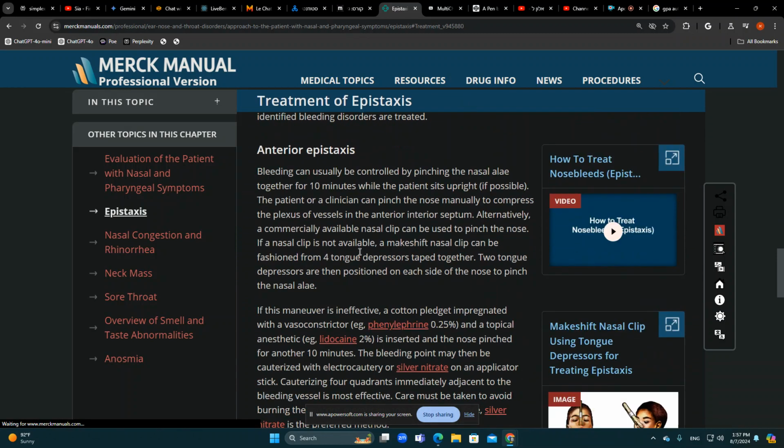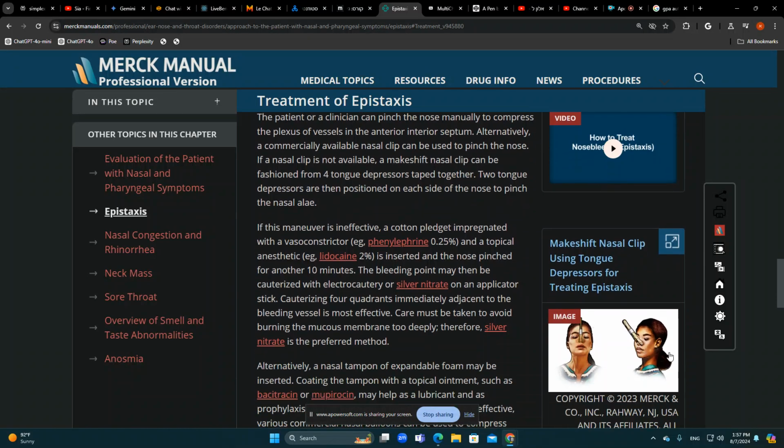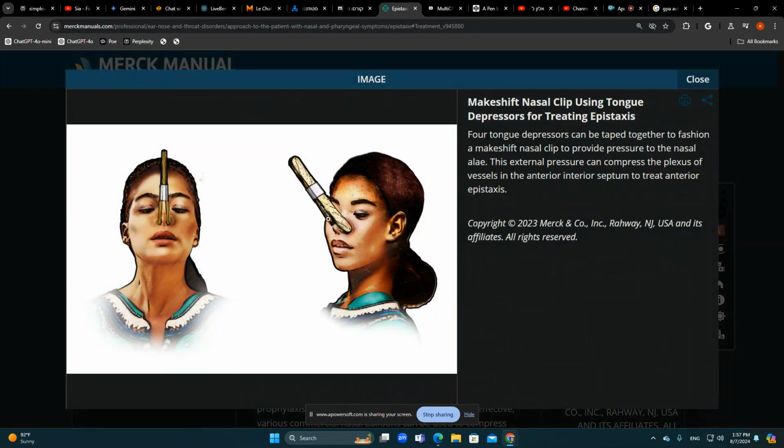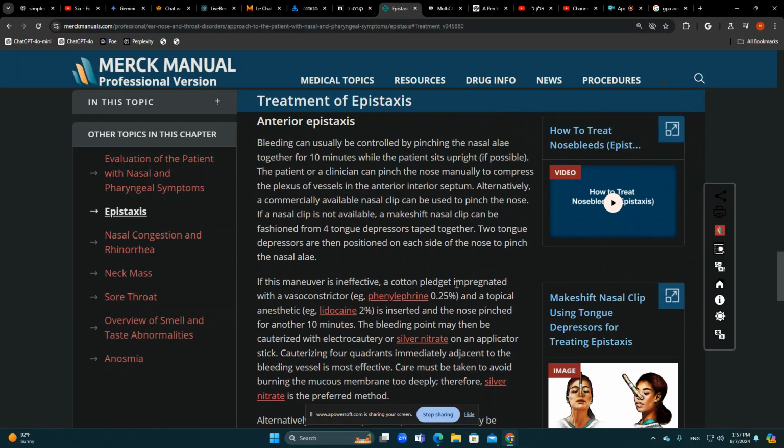Treatment of anterior epistaxis: you need especially to push the area, push the nasal cavity. There are sometimes tools that you can use. If it's not working, you can also use gauze with a vasoconstrictor like epinephrine or phenylephrine, sometimes tranexamic acid with lidocaine, so it won't be very painful.